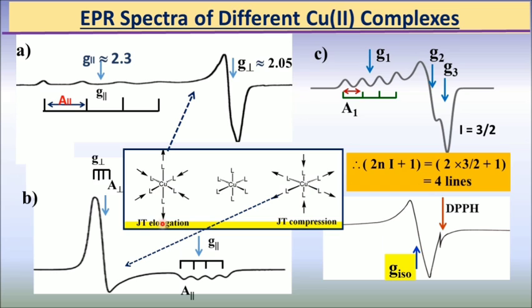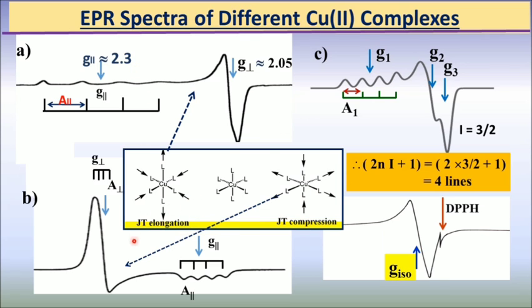The axial bonds are elongated and the equatorial bonds are compressed. If g parallel is greater than g perpendicular, then it is a tetragonally elongated copper complex.